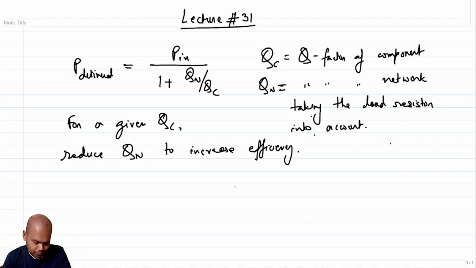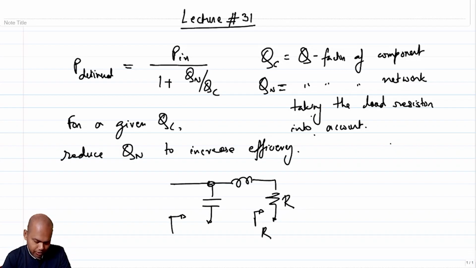So for example, we had this scenario. If this impedance is R, this impedance will be Qn squared times R, isn't it?